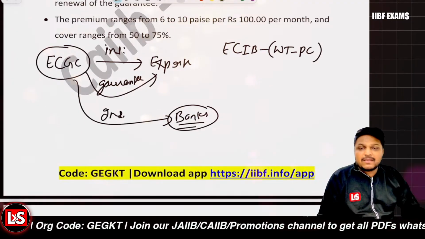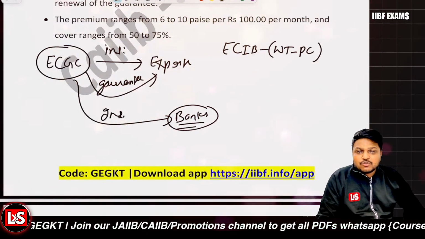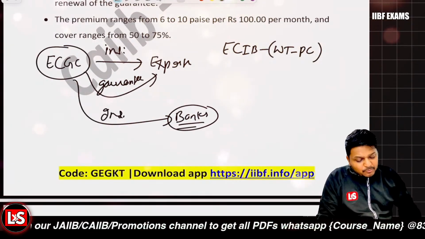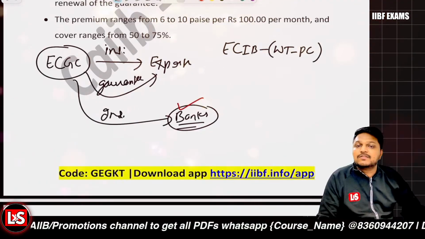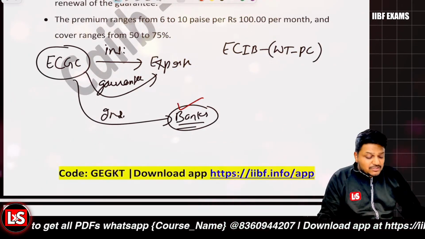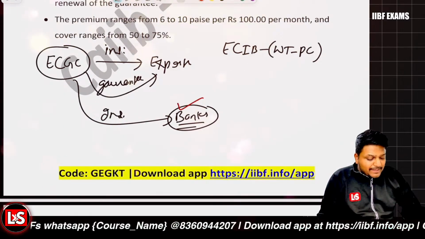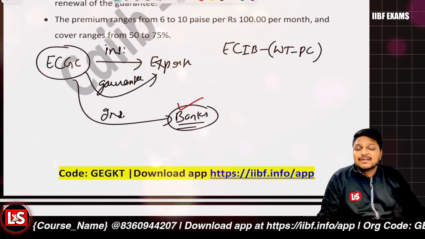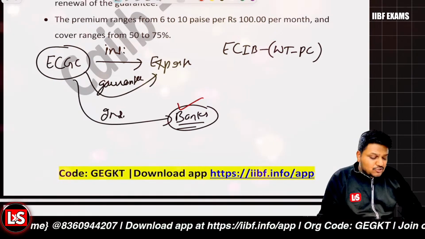So this policy is going to protect whom? It protects the banks against losses arising on default by the exporter, in case packing credit has been sanctioned by the banks.